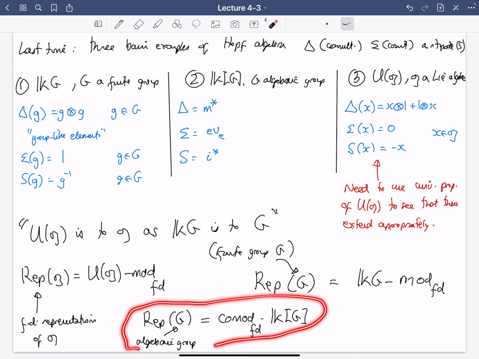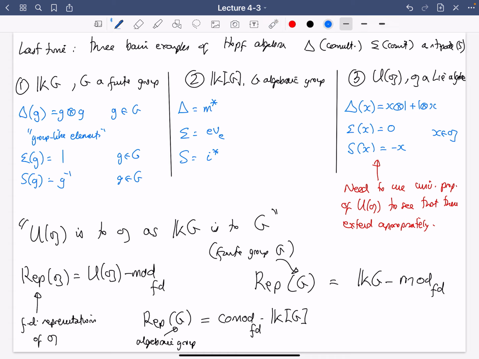For the representations of an algebraic group, the story is a little bit different, right? This time it's co-modules, and you have to use the algebra structure to give you a tensor structure on the category of co-modules over this co-algebra. And this is again actually a symmetric tensor category because the algebra structure is commutative, because the coordinate algebra is a commutative Hopf algebra.